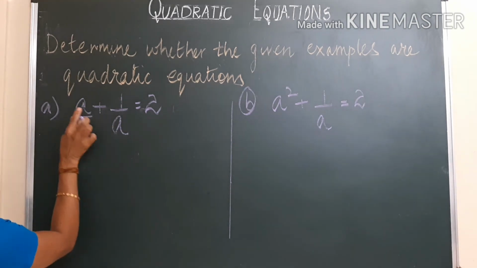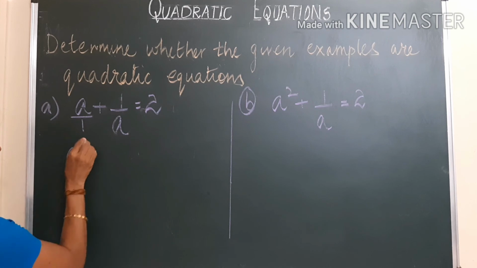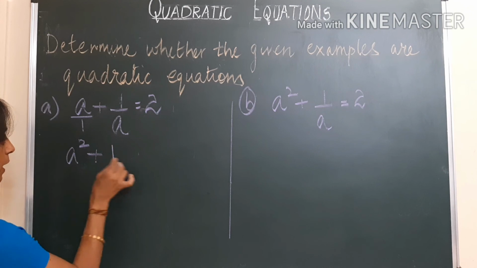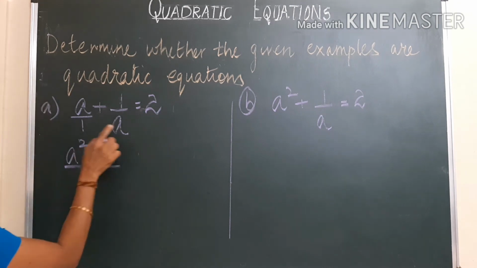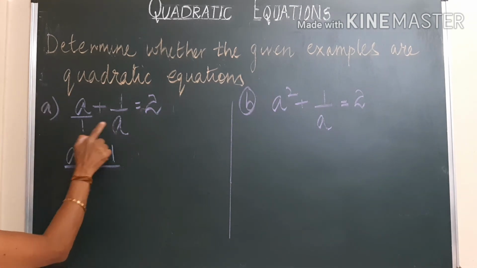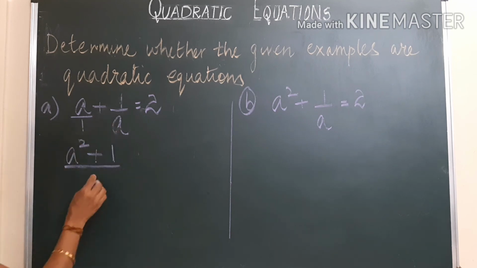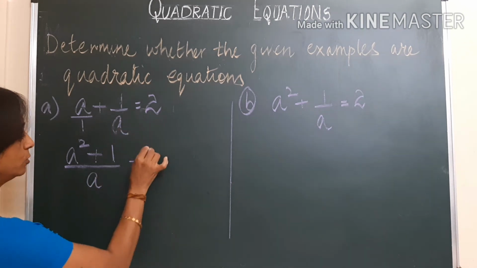So what do you get? A into a is a square plus 1 into 1 is 1, upon the multiplication of the two denominators, 1 into a is 1a, which can only be written as a, which is equal to 2.